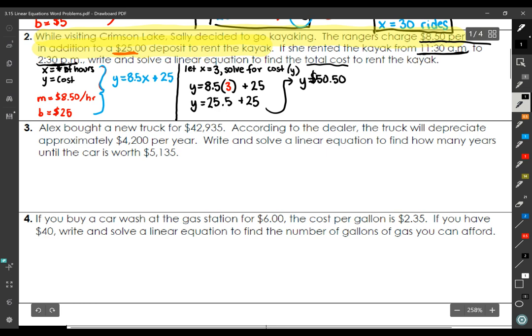Okay? So therefore, the total cost to rent the kayak for 3 hours, Sally must pay $50.50.